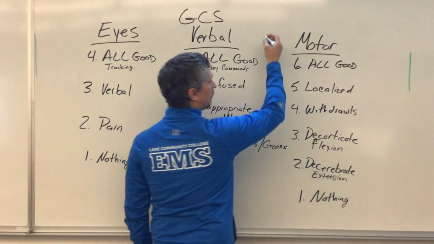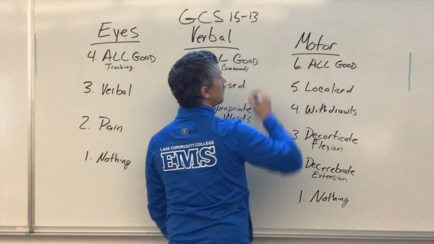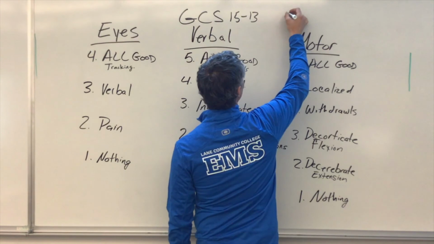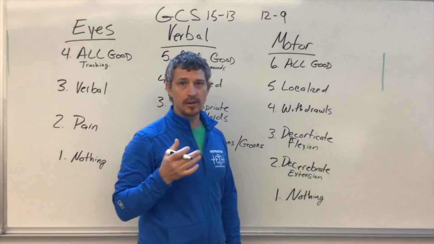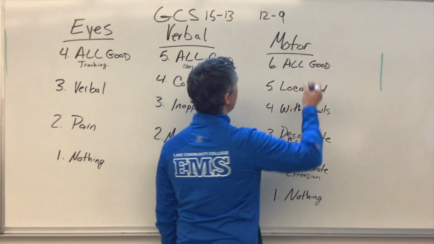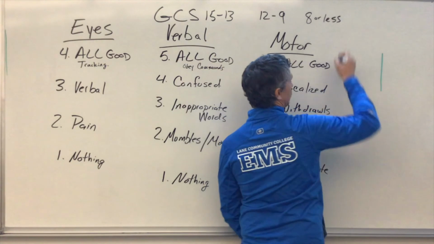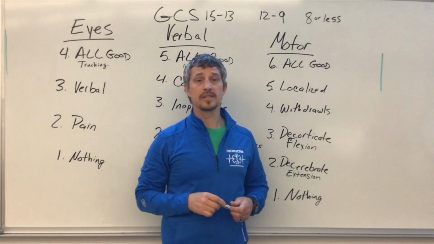Anything from 15 to 13 is considered mild. Anything from 12 to 9 is considered moderate. And anything 8 or less is considered severe. That's our GCS.